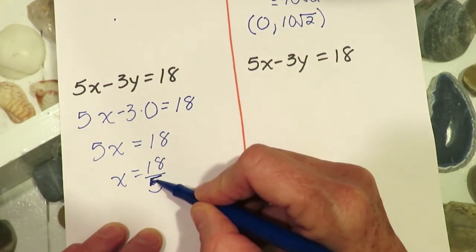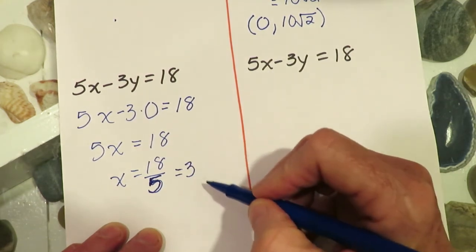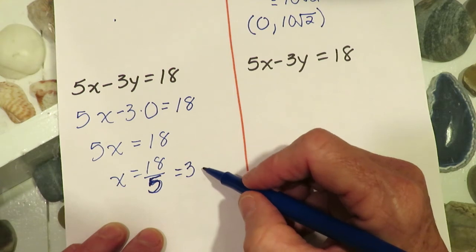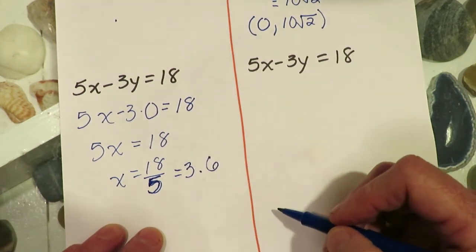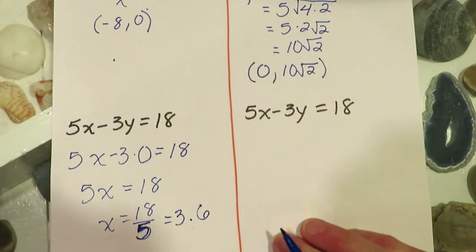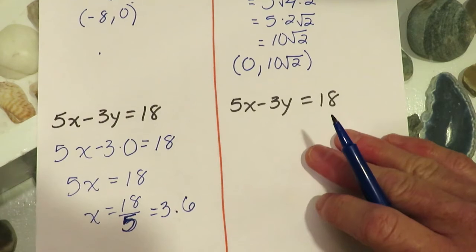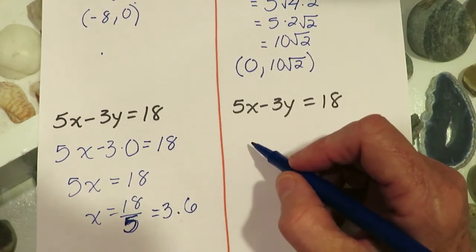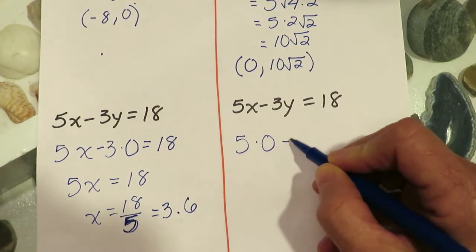and 18/5 is equal to 3 with a remainder of 3, so 3/5 is 0.6, so 18/5 is 3.6. If I'm looking for the y-intercept, then that means that I'm intercepting the y-axis, and x is 0.